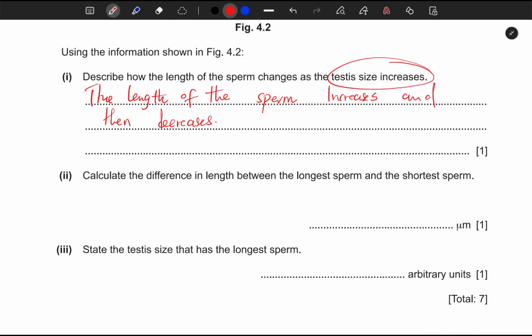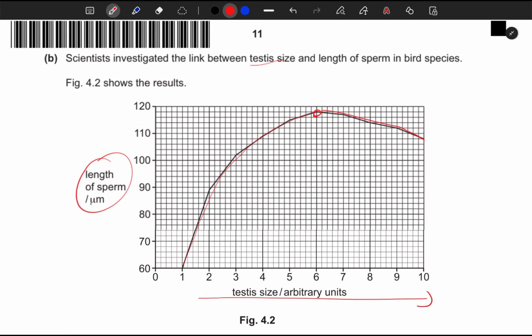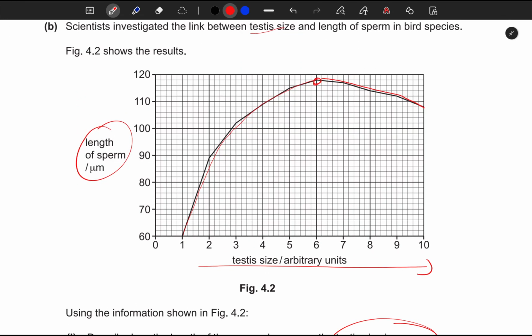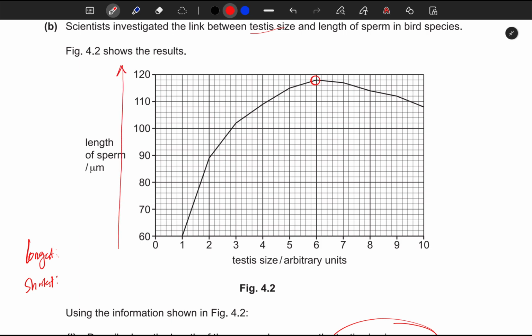Number 2, calculate the difference in length between the longest sperm and the shortest sperm. So they want us to find the difference between the longest and the shortest. The longest sperm is actually there, at that particular point, because the length of the sperm is on this side, so the highest is there.